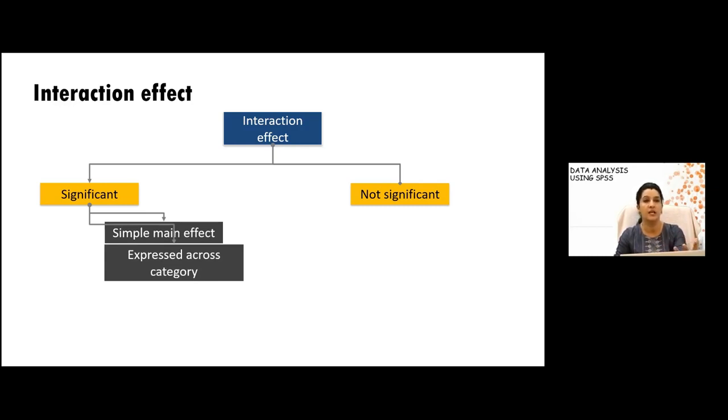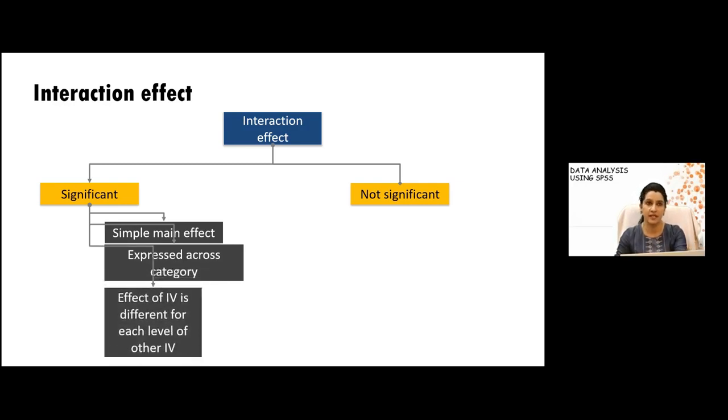So we will see the simple main effect of the independent variable on the dependent variable. I have just shortened it. So the effect of the independent variable is different for each level of the other independent variable.